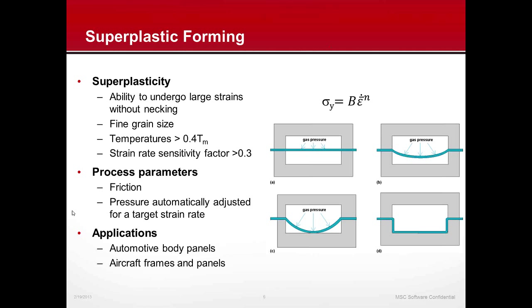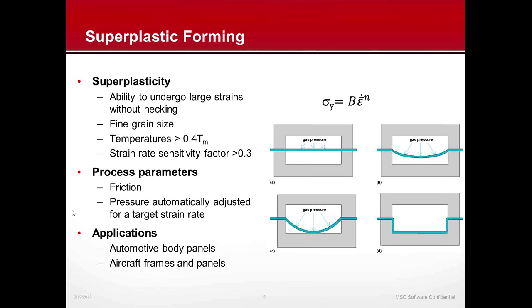And this property is found in several metals and alloys, and especially in titanium and aluminum alloys. And that's the reason, actually, since these materials are used in automotive and aerospace industry, this forming is used quite a bit in both these industries.